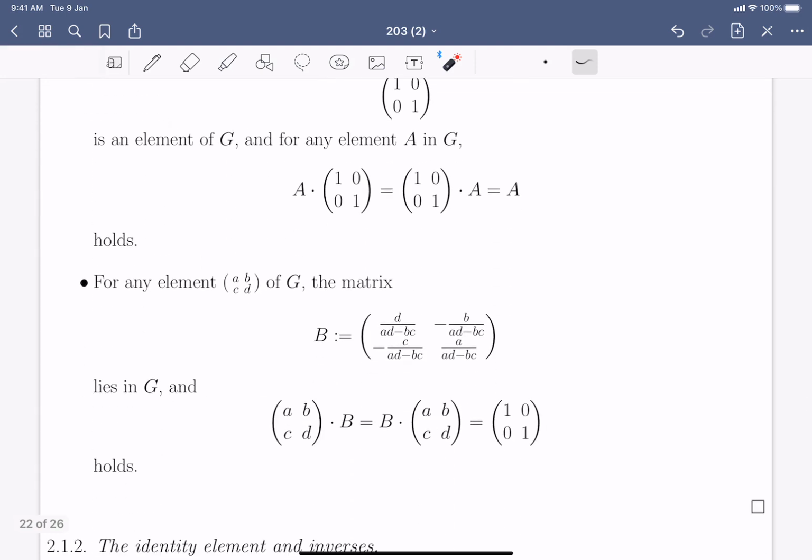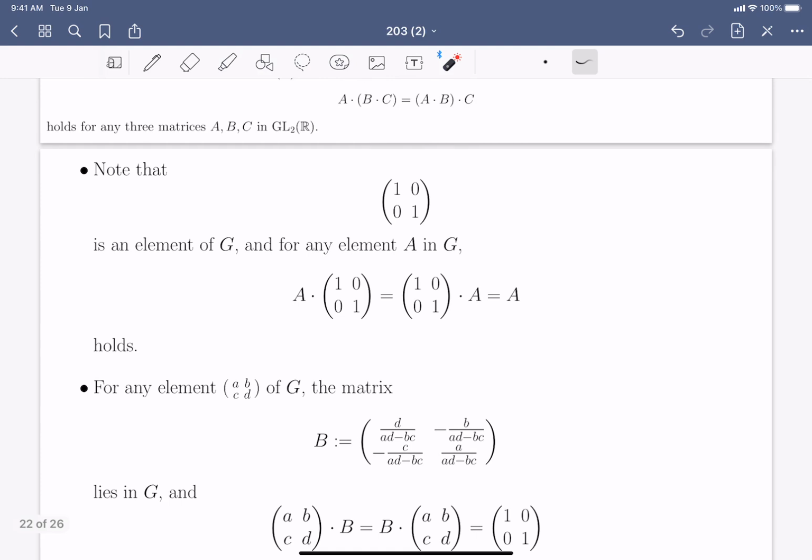So you are just changing a, b, c, d by certain signs. Although you have got a minus sign here, the entries of this matrix B are a, b, c, d divided by either 1 or minus 1. So they are no different from a, b, c, d, the same up to a sign of plus minus 1, right?